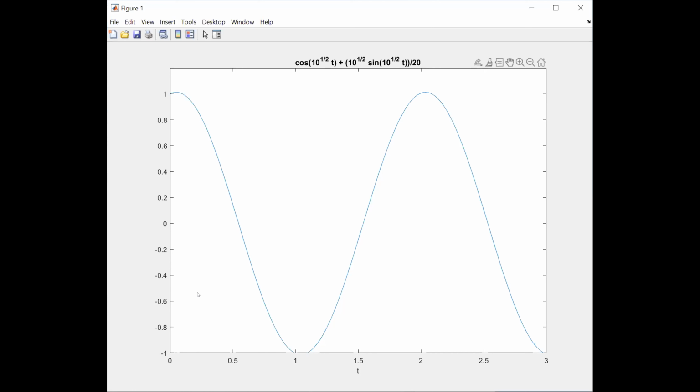This is not the velocity response. That's why it starts from 1, goes to -1, and goes up from 1. So this tells me that this is the response for the displacement. Any questions at this point?